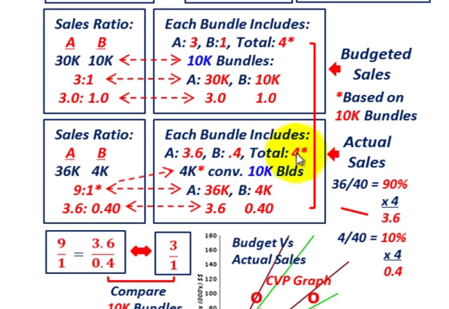So the total quantity based on our new sales ratio, based on our conversion, is a quantity of 4 of A and B for each bundle. And we can make our comparison to our budgeted sales, where we have 3-to-1. So we can work with the same number of bundles, both for our budgeted sales and our actual sales, 10,000.